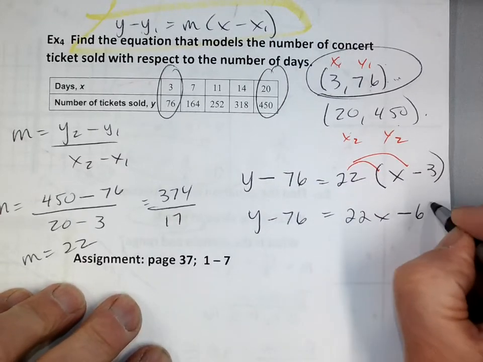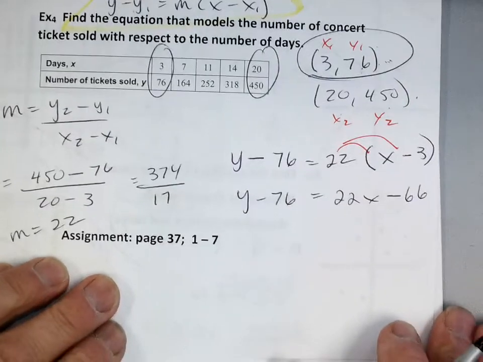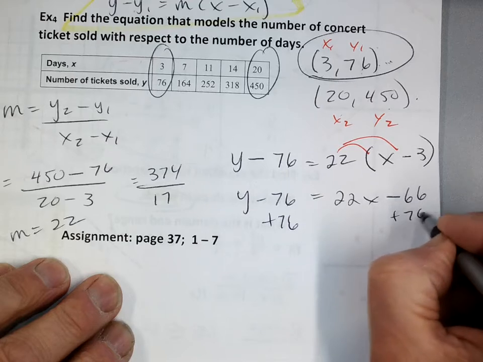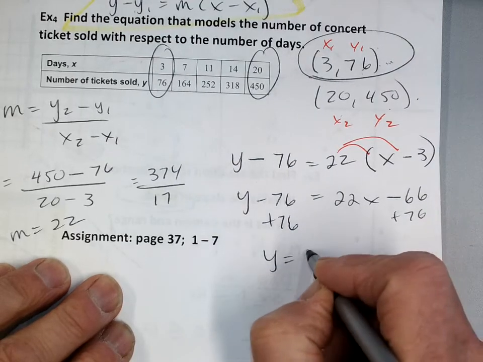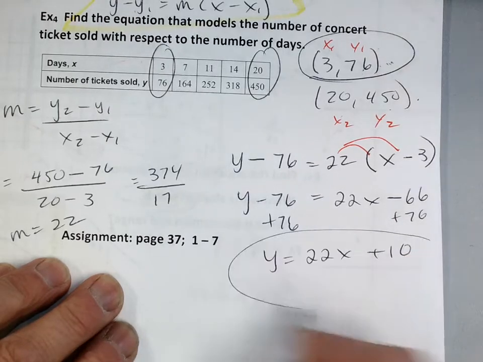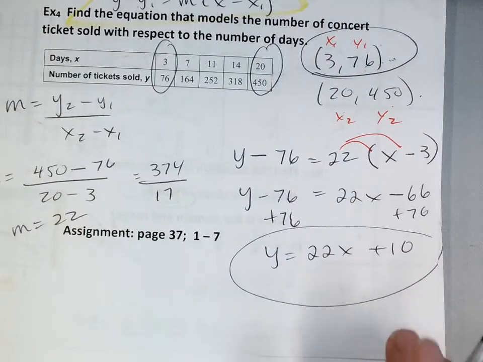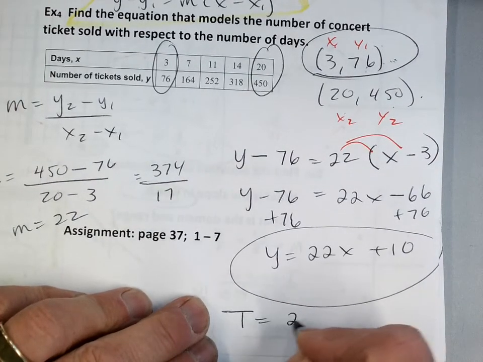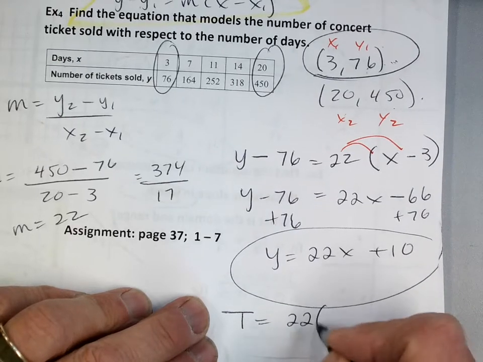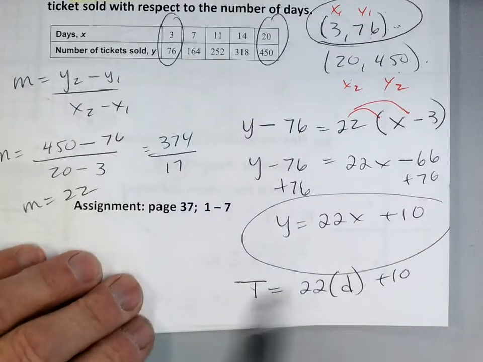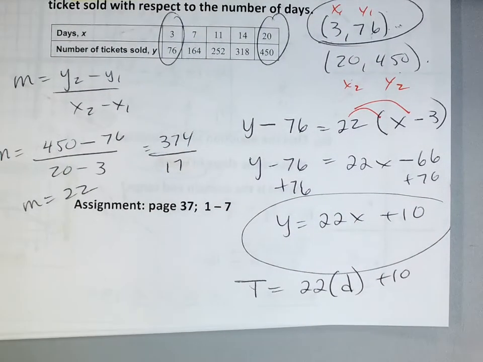Yeah, I should be able to do the math. Plus 76, plus 76. y is equal to 22x plus 10. And then the last thing I would do is probably this: tickets is equal to 22 D, for days, plus 10. I like to use the letters that correspond to the problem. Okay, so that's what I have.